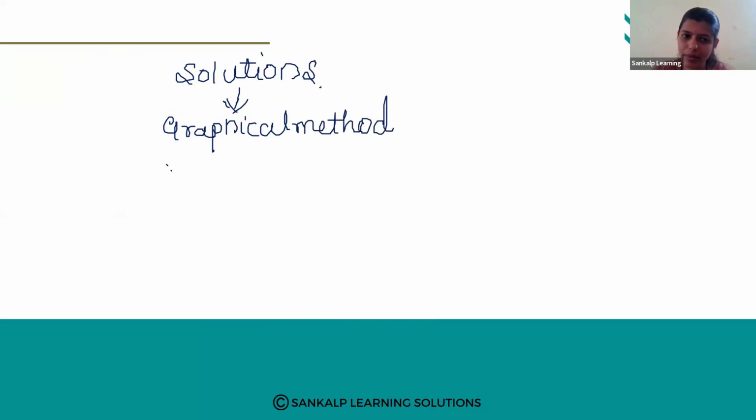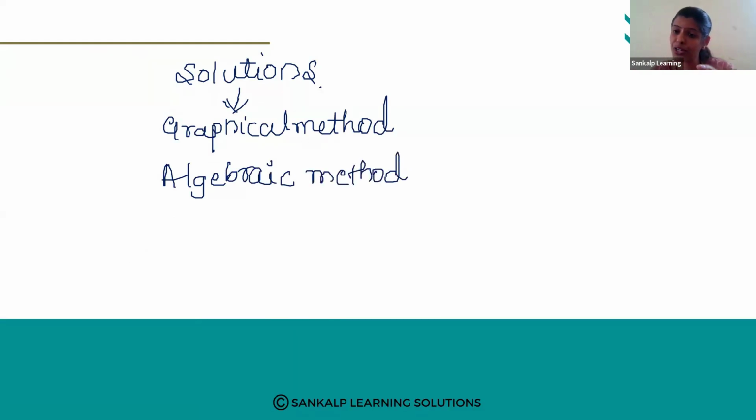Another one is the algebraic method. So we find out the solutions by two methods. The first one is the graphical method and another one is the algebraic method. In the algebraic method, we again get three methods.